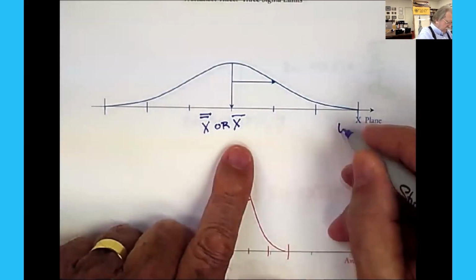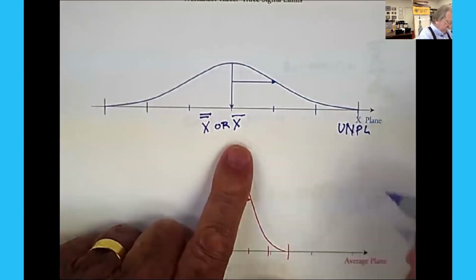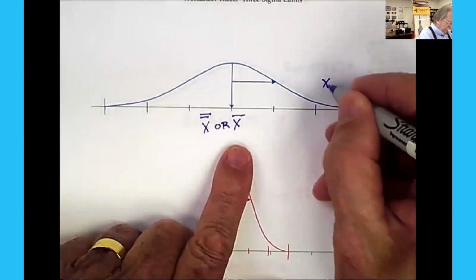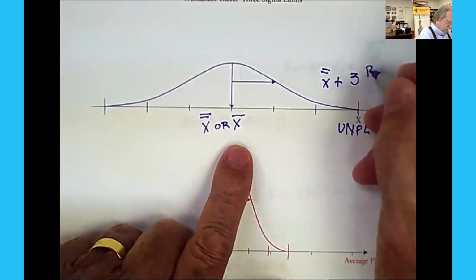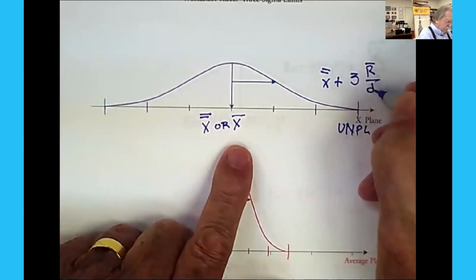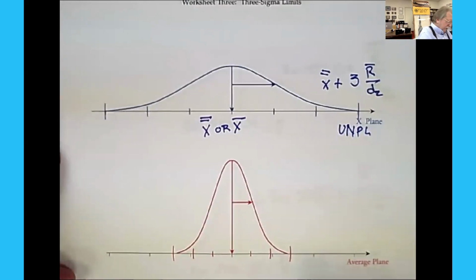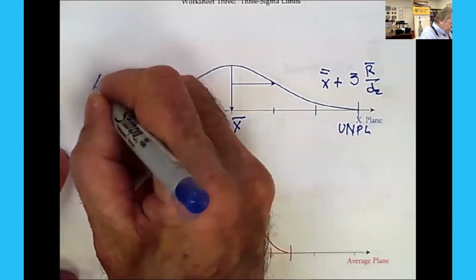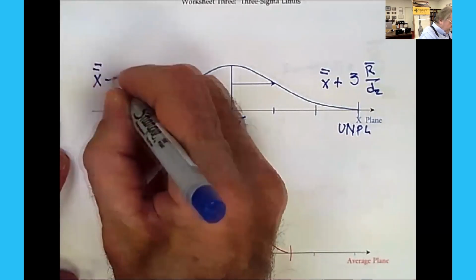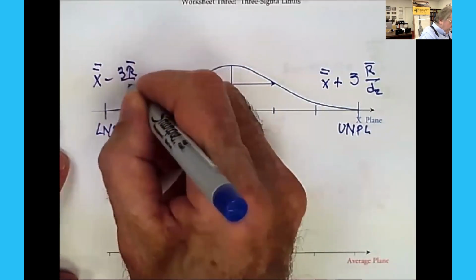But the upper natural process limit is going to be X double bar plus 3 times R bar over D2. And the lower natural process limit will be X double bar minus 3 R bar over D2.